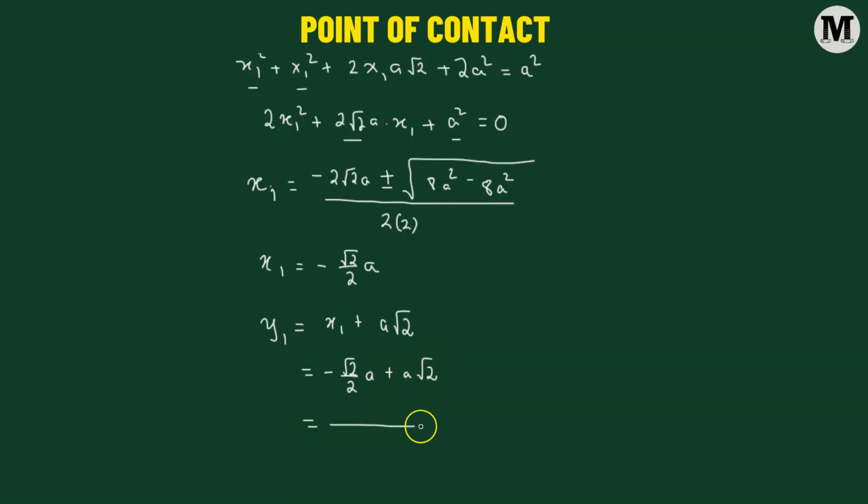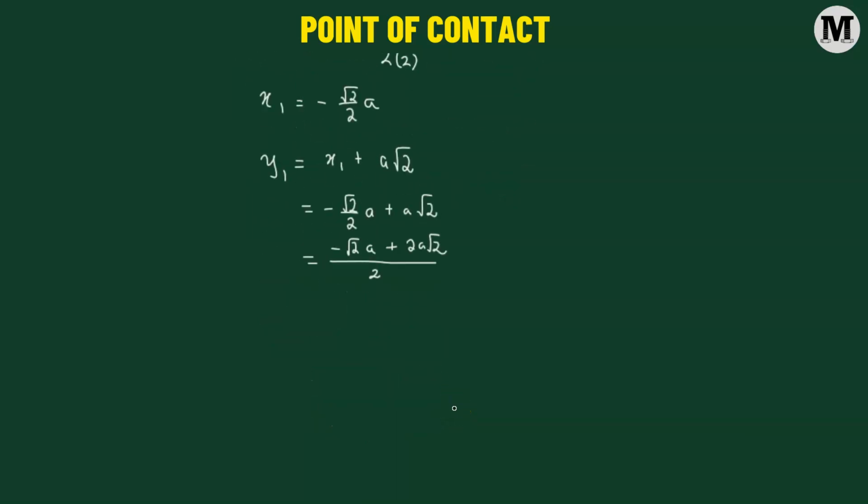This is going to give us, with a common denominator of 2, negative square root of 2 times a plus 2 times a times square root of 2, which is going to give us a times square root of 2 over 2. So that's the value of y1. This can also be simplified as negative a over square root of 2 for x, and y will be a over square root of 2. So the coordinates of the point of contact A are negative a over square root of 2, and the y coordinate will be positive a over square root of 2.